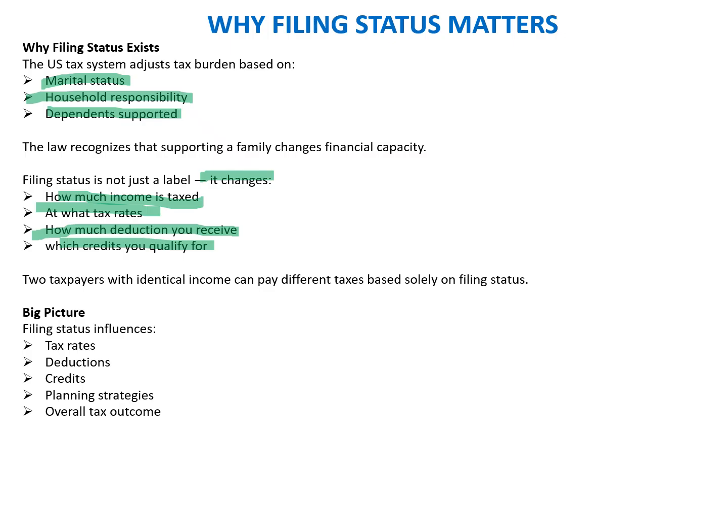Two taxpayers with identical income can pay different taxes solely on the basis of filing status. It influences the tax rate, the deduction, the credits, the planning strategy, and the overall tax outcome.